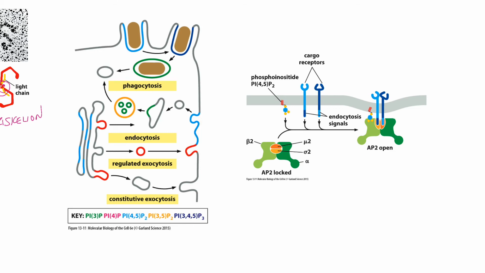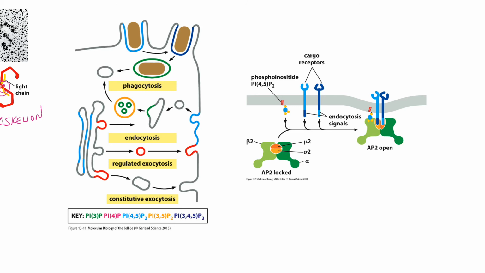But the real point of this diagram is these color-coded things. They are the different forms of phosphatidylinositol phosphate that are specifically associated with vesicular trafficking. That is, there are specific regions of specific membranes or vesicles that play regulatory roles in dictating the overall direction and the coherence of the vesicular trafficking.